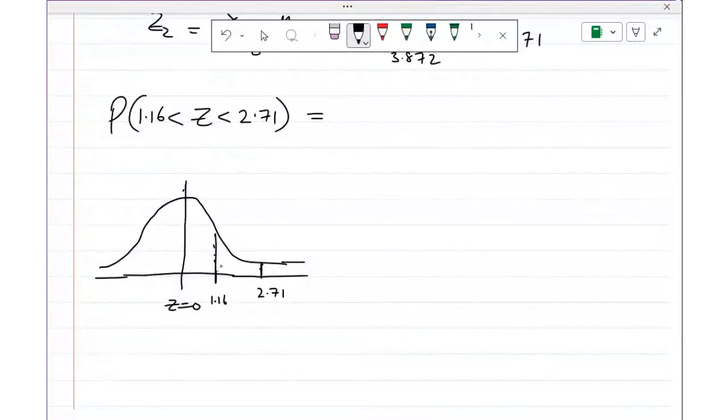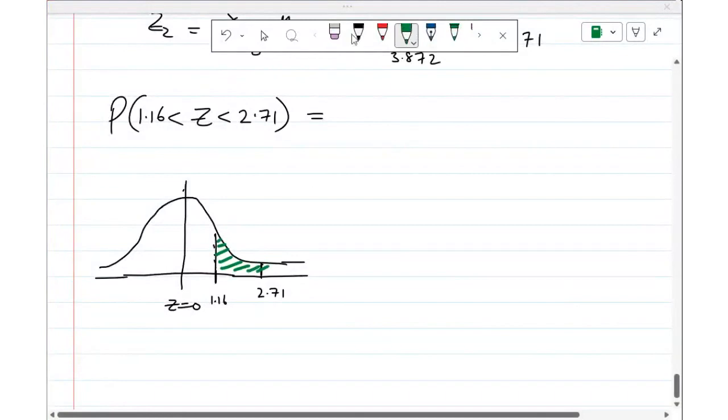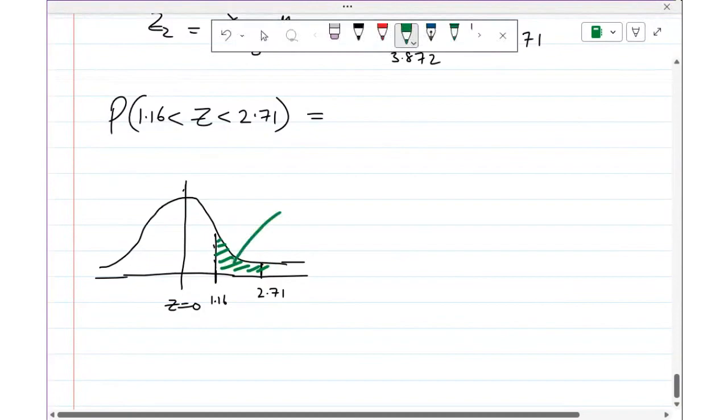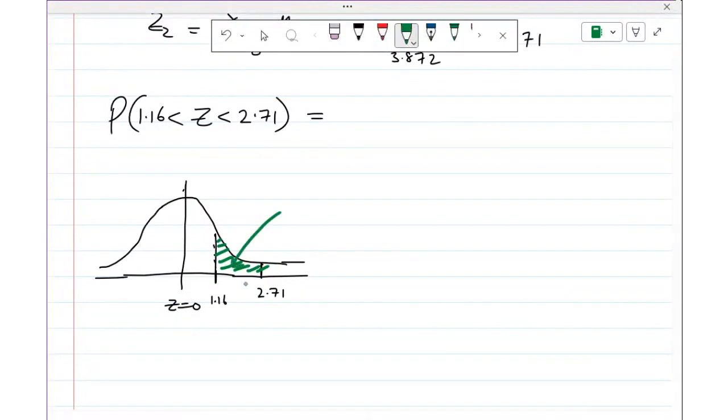So this green color probability you have to find. What you can do, students, in the exam now: either it will be given directly, many questions I have seen in previous years where it is given directly.